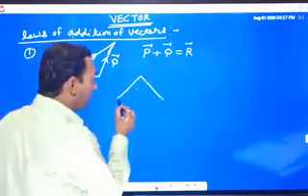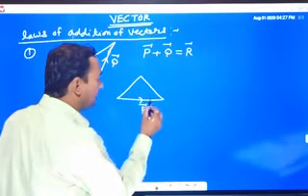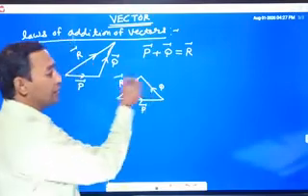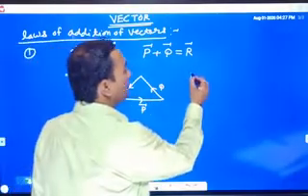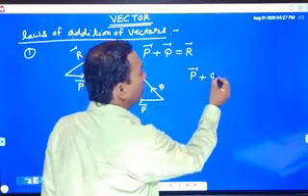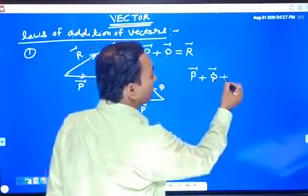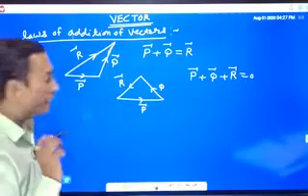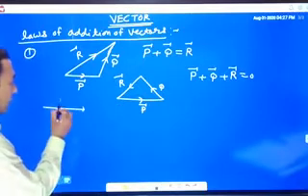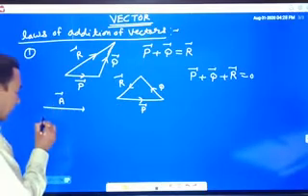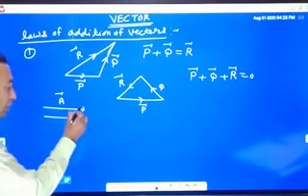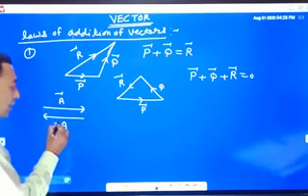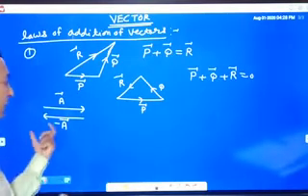If a triangle has P vector, Q vector and R vector, all three in the same direction, then P vector plus Q vector plus R vector becomes 0. Why? Suppose this vector is A vector. If we take a line of the same length but change the direction of the arrow, then this vector becomes minus A vector. Magnitude is the same but direction is opposite.